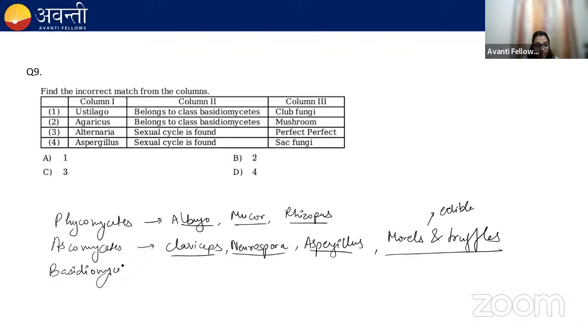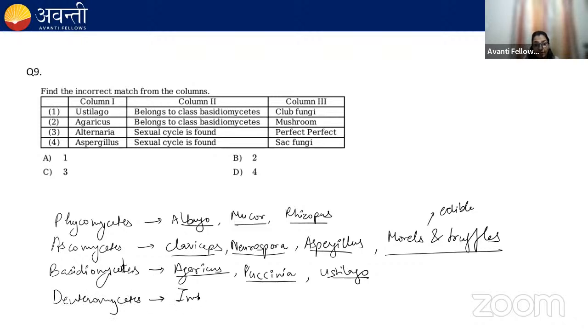Basidiomycetes: Agaricus, Puccinia, which causes rust disease, and Ustilago, which causes smut. Deuteromycetes is an imperfect fungi. Remember this, because the sexual stage is not known in Deuteromycetes.